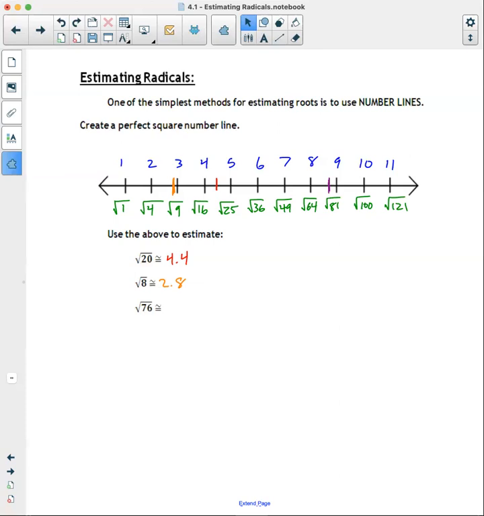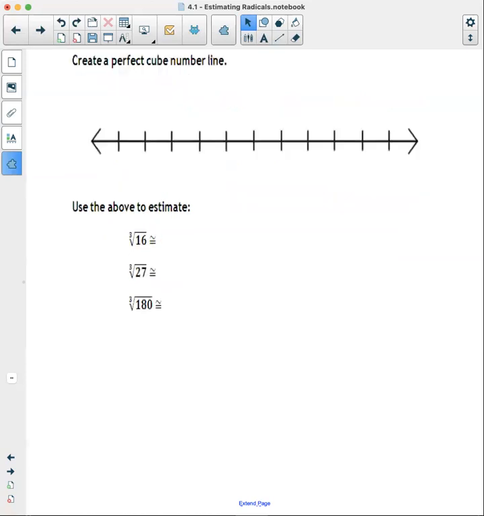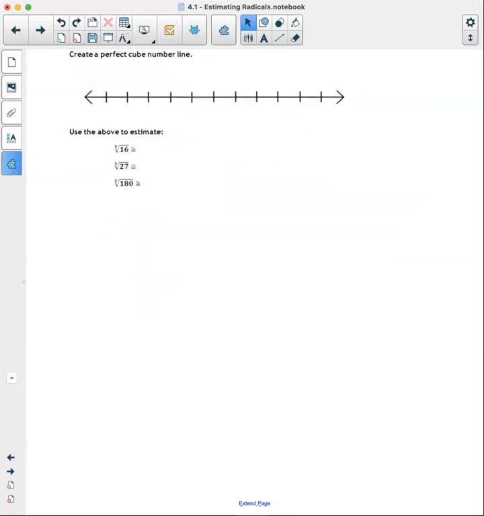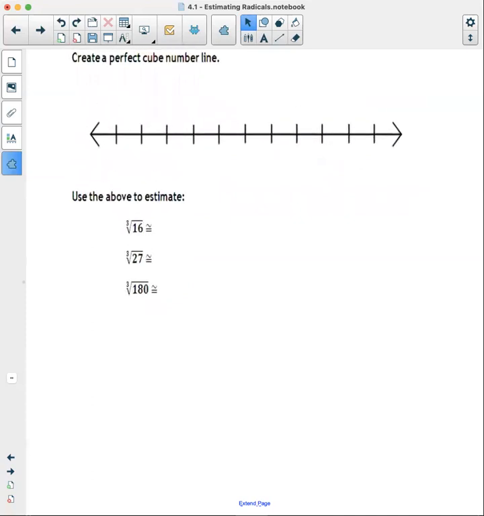And I'm going to say root 76 is approximately 8.7. Okay. So that is how you estimate radicals. So just set up a number line and then just go from there. Okay, so that one is for perfect squares. This one we're going to do next is for perfect cubes.